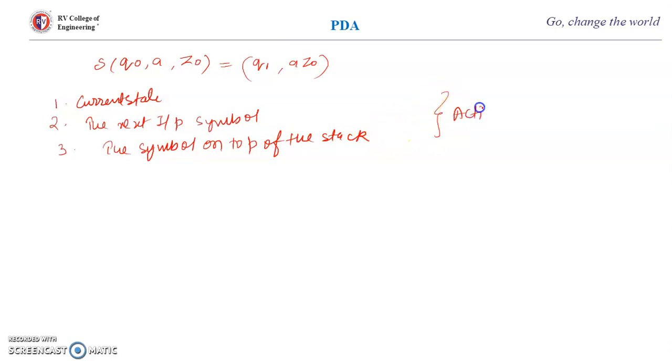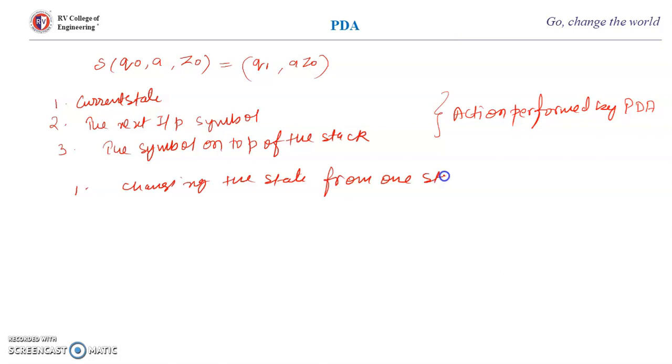So the action performed by the PDA depends on these three things. And the action performed by the machine consists of changing the state from one state to another state. The machine was in state Q0, and the machine state is changed to Q1 now.